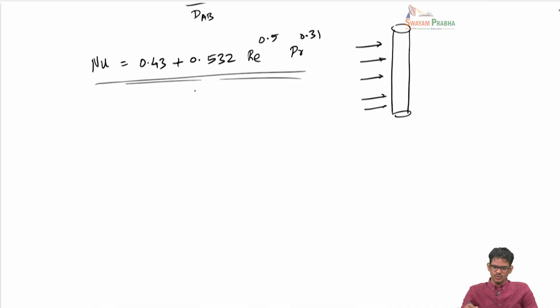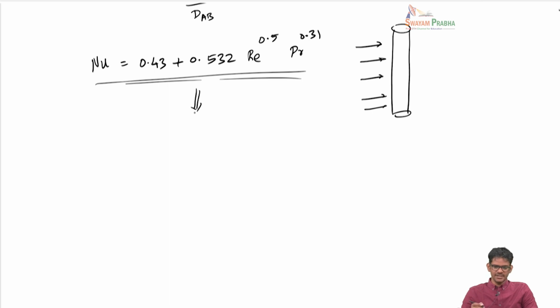Now let's say you have a mass transfer problem, maybe a solid cylinder with a fluid going past, and this solid is dissolving in the liquid. The mass is getting transferred from the solid to the liquid, but we don't have a mass transfer coefficient for that situation. In such a case, we can use this particular heat transfer correlation and get the corresponding mass transfer coefficient.